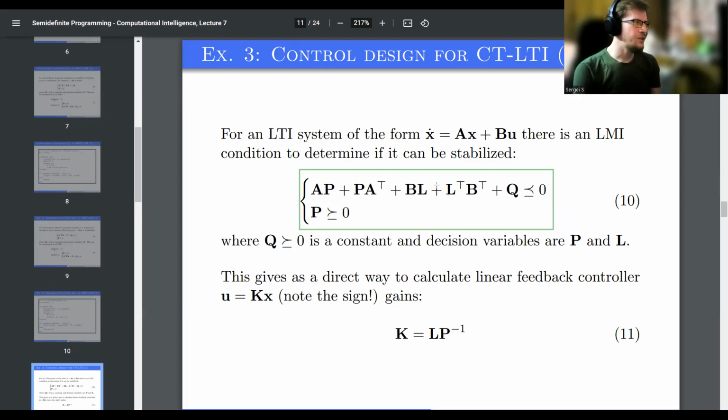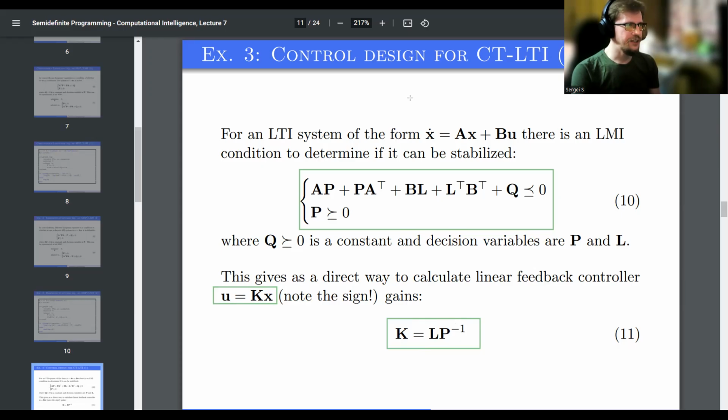You can think of this LMI as a controllability criterion, or you can think of it as a control design. Why? Well, because if we choose control U equals KX, notice not minus KX, KX, and the gain K would be chosen as L times P inverse, then this would provide a stabilizing control.